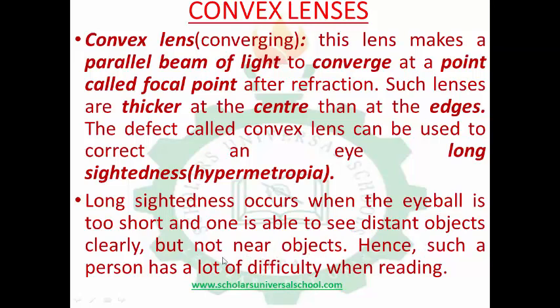Hence, such a person has a lot of difficulty when reading. That is, the person can only see far objects rather than objects close to the eyes, because the eyeball is too short. This eye defect is called hypermetropia and it can be corrected using a convex lens, that is a converging lens.